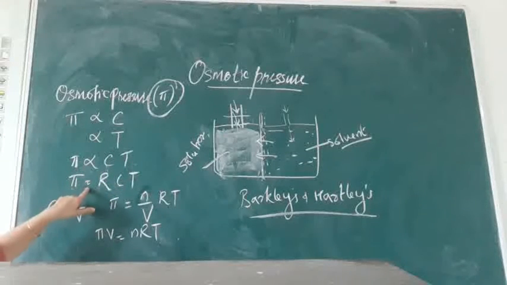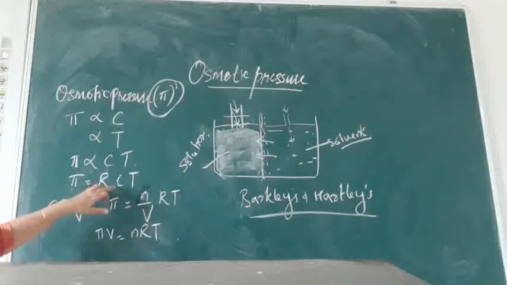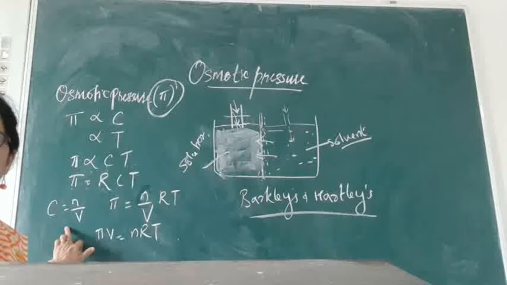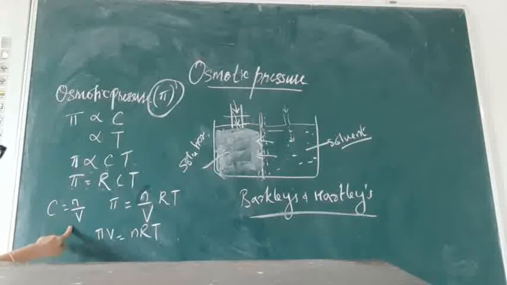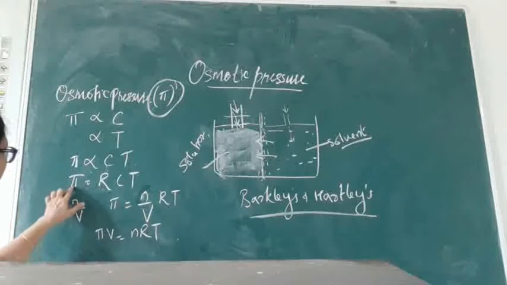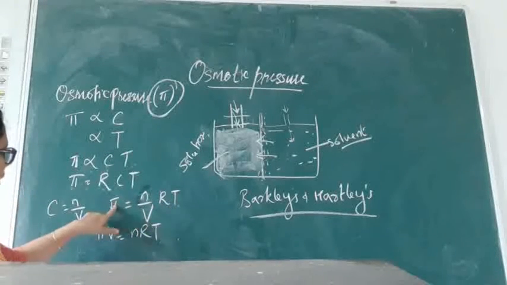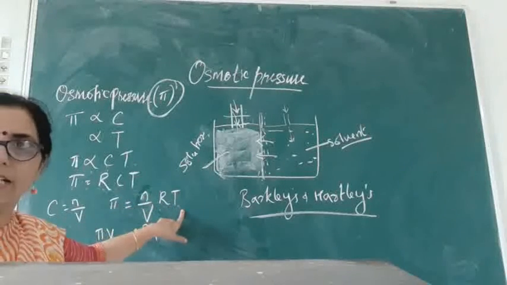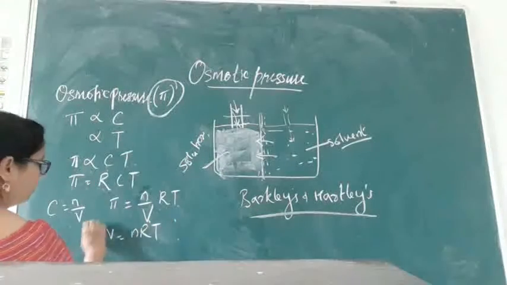This pi is also equal to RCT, where R is the constant, and we know C equals n upon V, the number of moles divided by the volume of the solution. Putting this value of C in the equation, pi equals (n/V)RT. Again, I am repeating: pi V equals nRT.